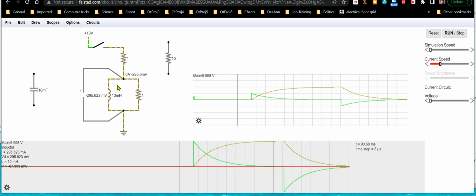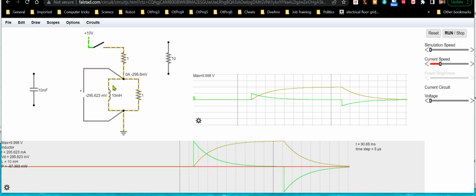Like I said, we've got current flowing down in a loop, but in order for it to maintain this direction, instead of it being positive there and negative there, as our original voltage was plus and minus when I had the switch closed, now that I opened it, it's plus and minus this way.